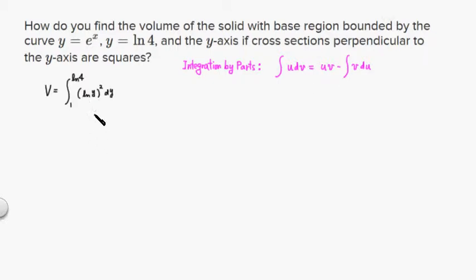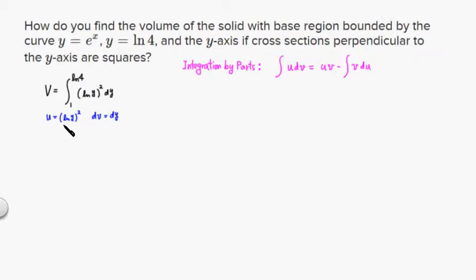Alright, so in this case I'm gonna set u to be natural log of y squared, and the dv to be just the rest of it, so just dy.